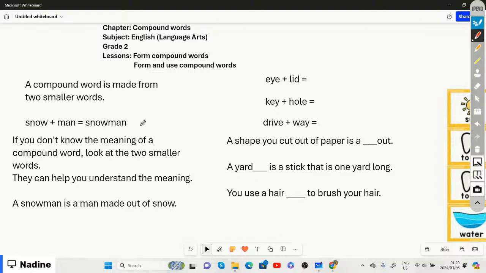All right. Then we also have a yard, a stick that one is holding. A stick that is one yard long.